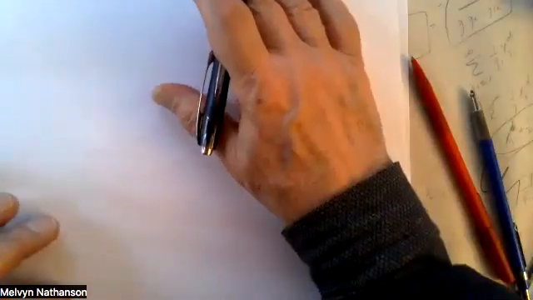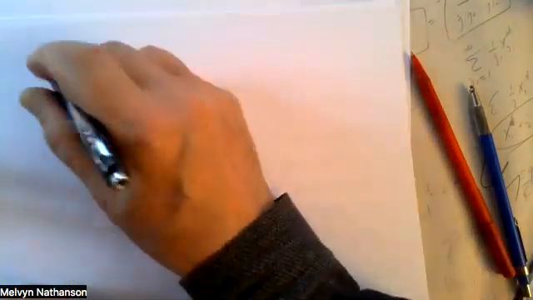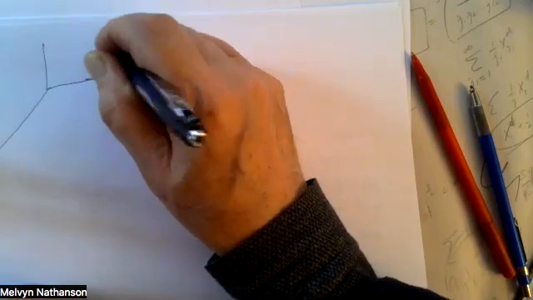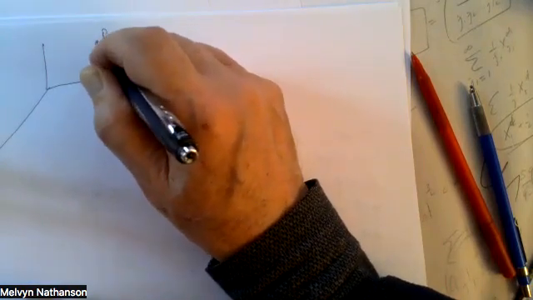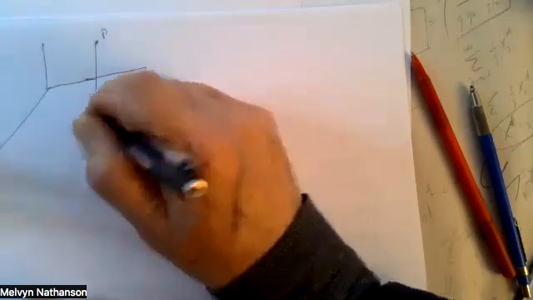Maybe I should also say, what is the relationship between cylindrical coordinates and rectangular coordinates. So if you take a point P, you want to know its rectangular coordinates. You drop the perpendicular to the XY plane.